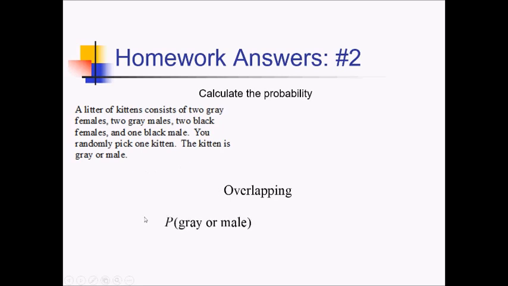So probability of gray or male. The gray kittens, how many of those were there out of 7? 7 is our total possible outcomes again, because there's 7 kittens overall. For grays, we have 2 gray males, 2 gray females, so that's 4 total gray cats.